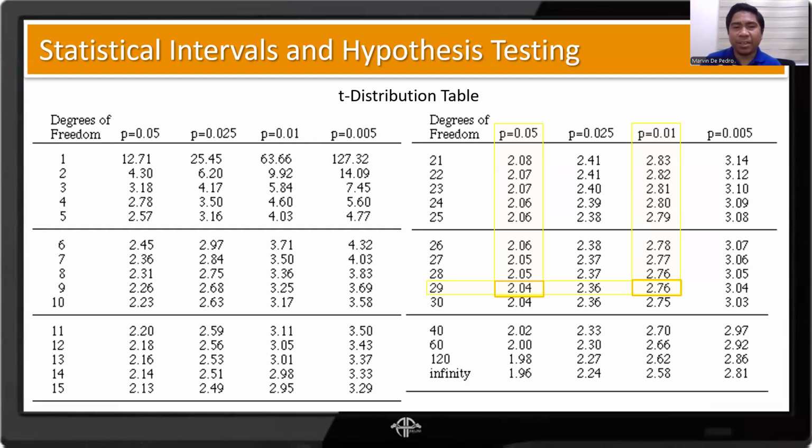It's basically based on the principle of areas under a curve. That's a long story, and we cannot discuss that here. As you can see in this table, unlike in the Z distribution table, the T distribution table has a column for the degrees of freedom because the values differ depending on the sample size.